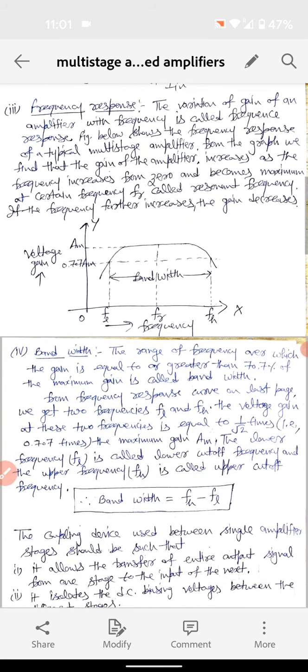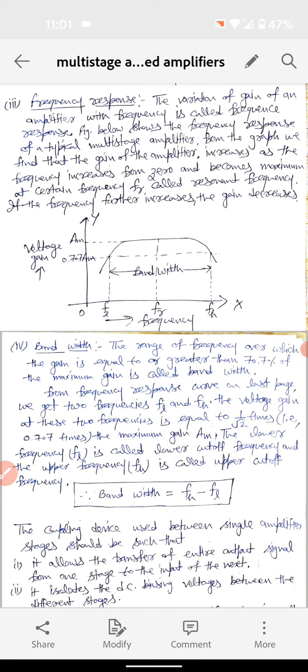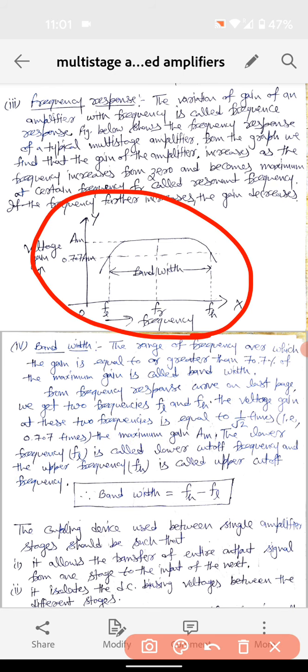Okay, in the multi-stage amplifier circuit, we will see how that multi-stage amplifier will behave with the different frequencies. So the frequency curve for that multi-stage amplifier will look like this. Here you have observed that the frequency curve will look like this.